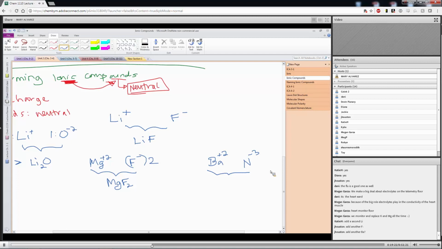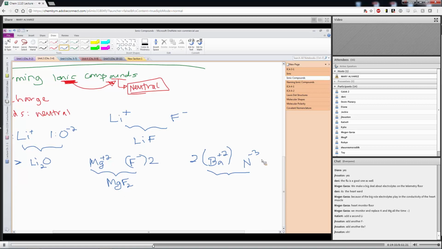This gets kind of pokey. If I add another barium, that'll have a total charge of +4 against my charge here of -3. So we can't be done if we do that.